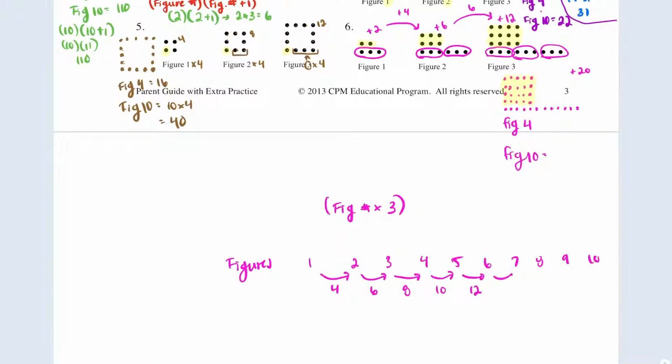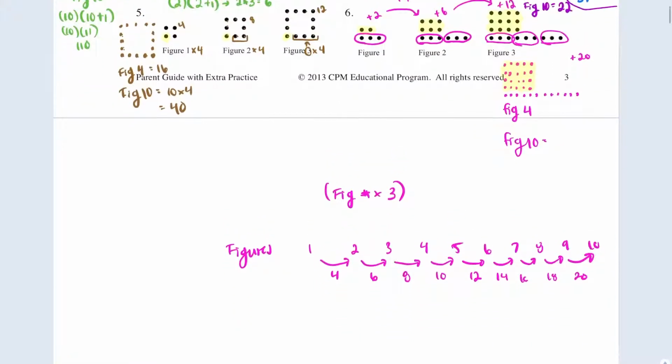So that's going to be 12, 14, 16, 18, and 20. Okay, so it might help us to determine not the total number of dots, but how many dots we are adding on top of that bottom line of dots.